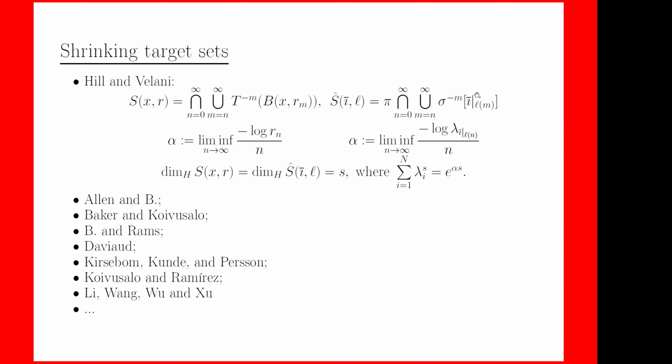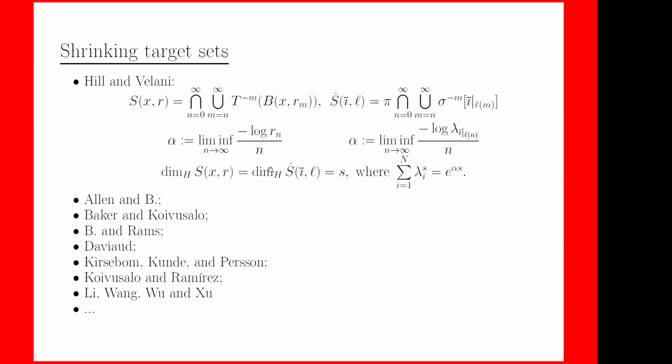And in the symbolic approach, you are looking at what is the exponential rate of the diameter of the images of these cylinders. What is the diameter? You take the contracting ratios and multiply them according to this cylinder. So what are these values?